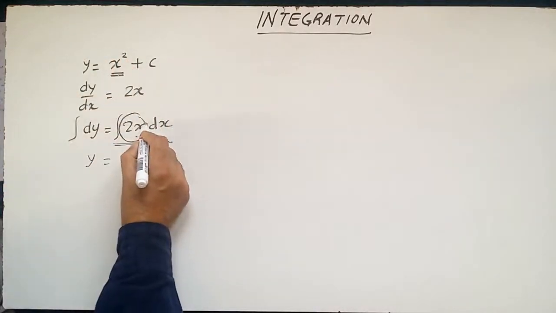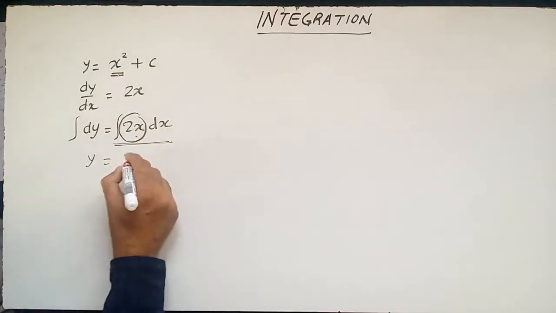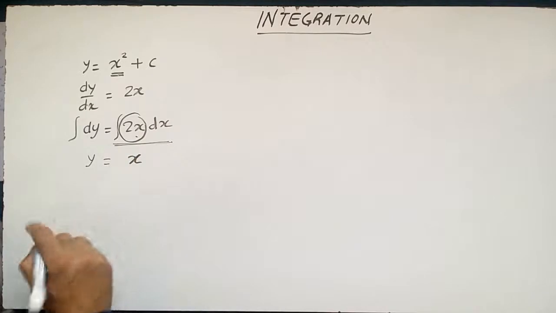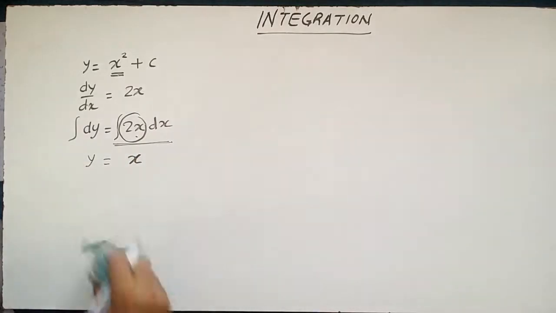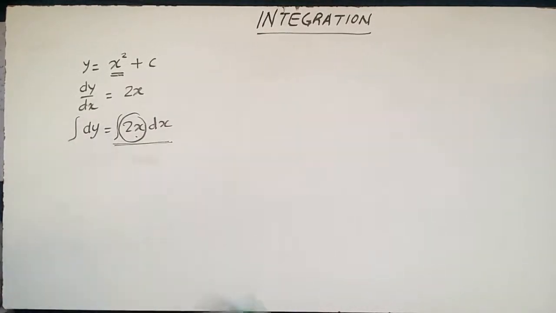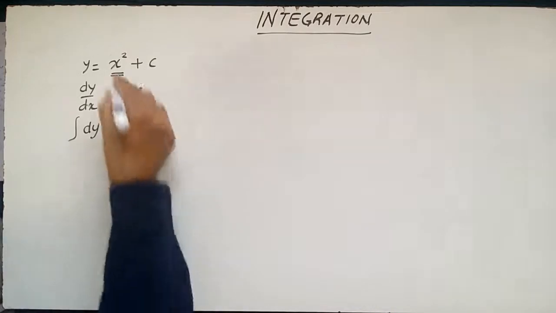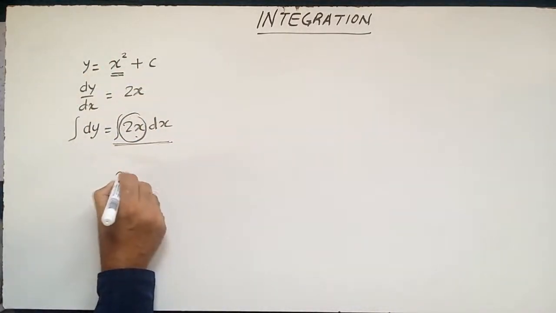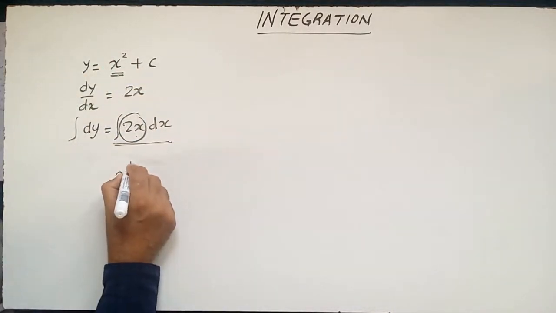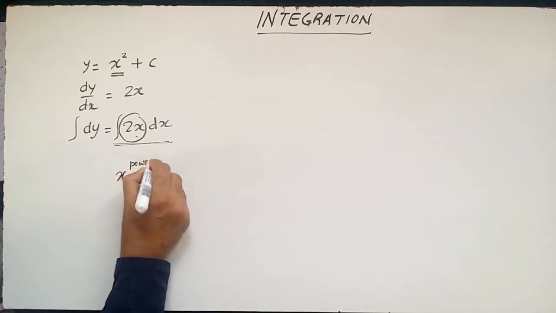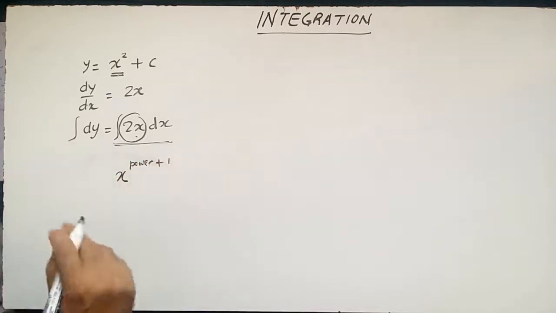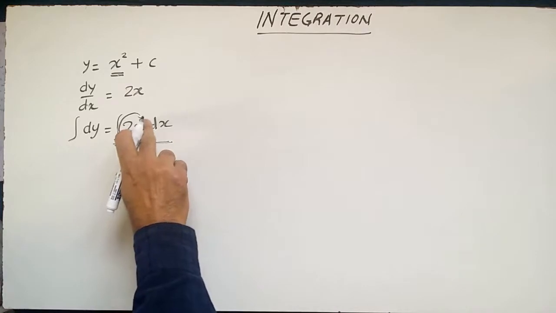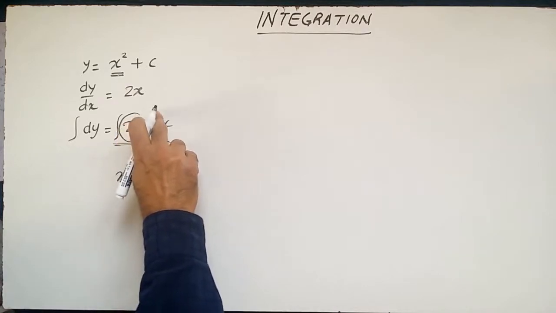Here in x the power is 1, and here the power is 2. Basically, we are increasing the power by 1. If we increase this power by 1, it becomes 1 plus 1, that is 2.